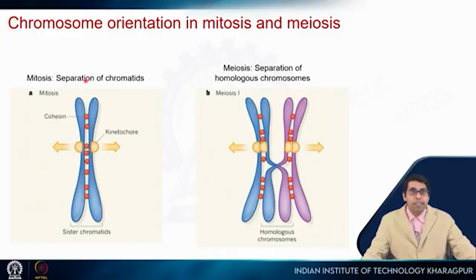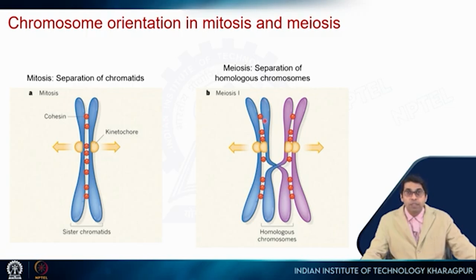So, in case of mitosis, the two sister chromatids are attached like this by the cohesin molecules or cohesin proteins. Kinetochores are here and they are connected to the two poles in two directions. So, they will get separated here. One will go here, the other one will go in this direction.